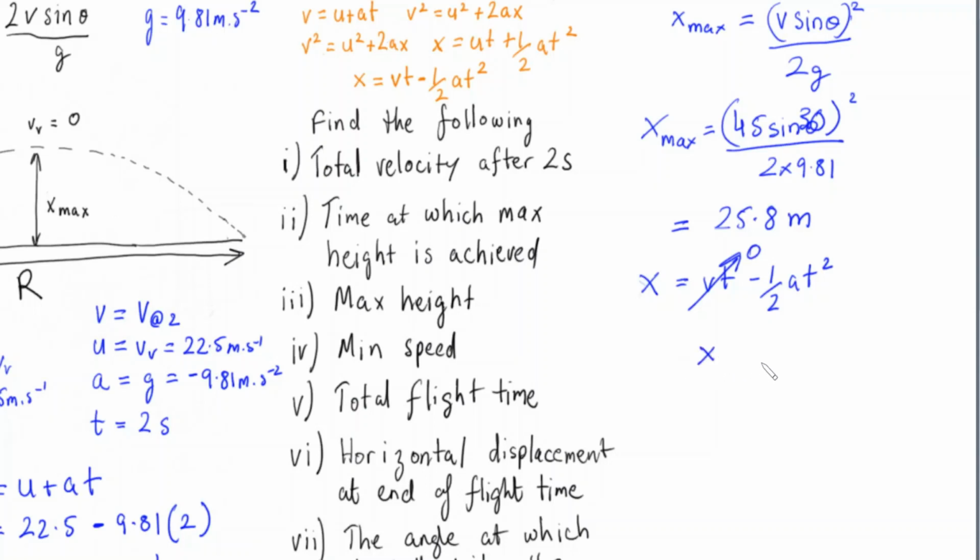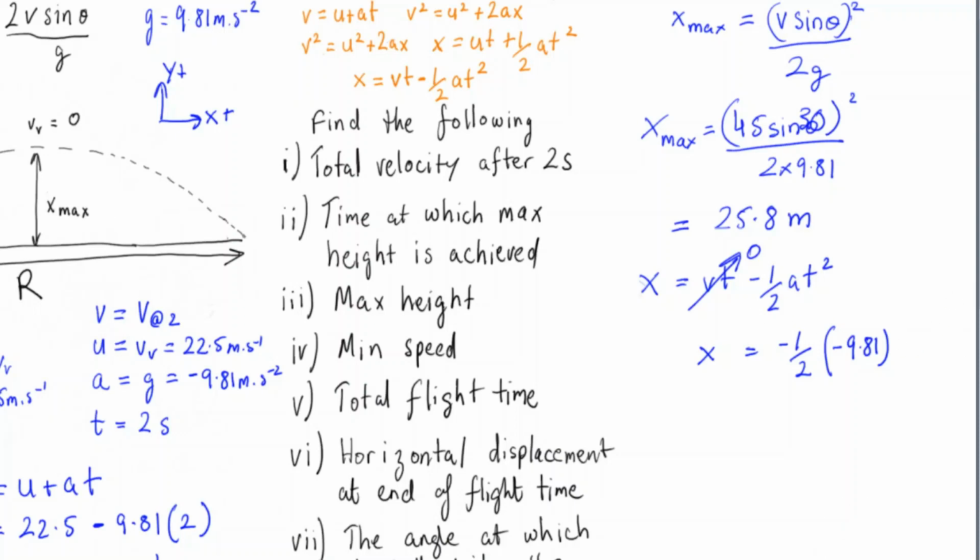We'd need to find x, and we already know that the time at which this occurs is halfway through its total flight time, which we found before. So our acceleration is negative 9.81. And if you're confused as to why it's negative, it's because our coordinate system is set up such that y is positive that way and x is positive towards the right. So we'll put a little plus sign there to signify that.